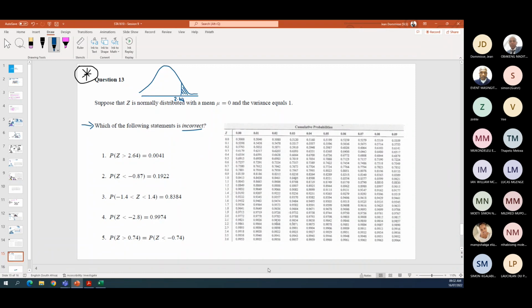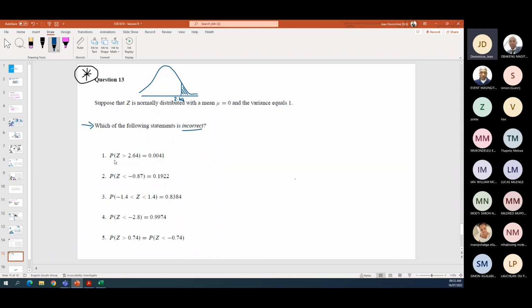Okay, so Z bigger than 2.64. So remember that is the 0, so it might be that the area is that small. So I can't ignore that yet.